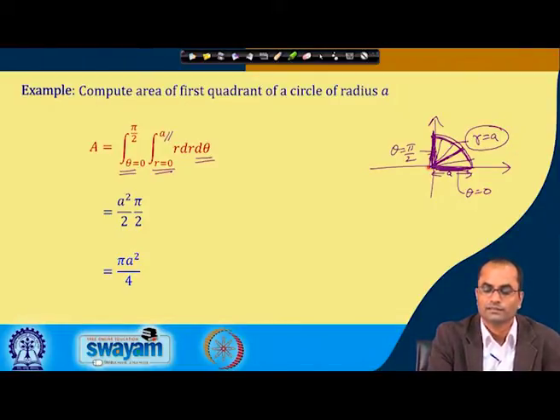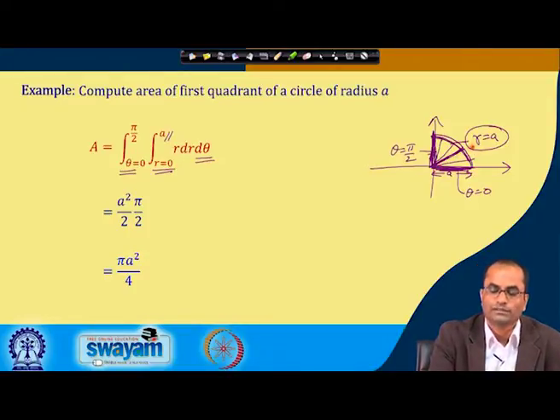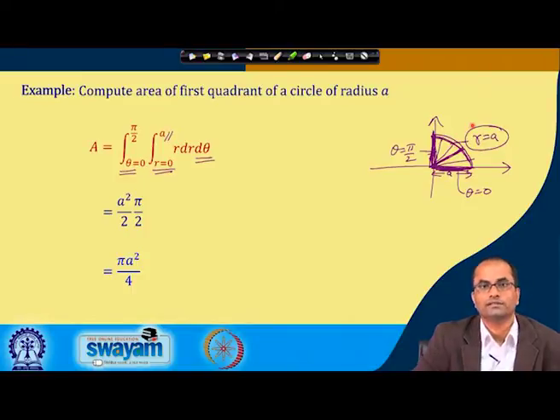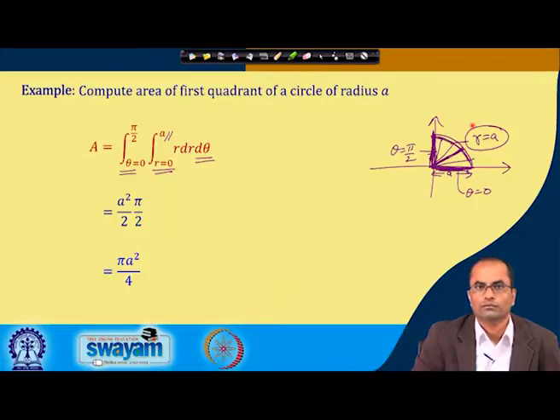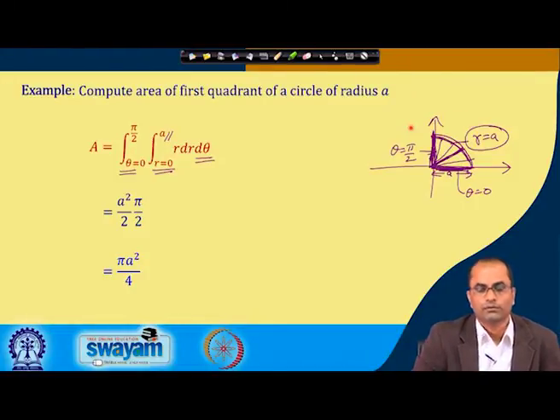So, to cover this region we are just going from r is equal to 0 to r is equal to a, but in the Cartesian coordinates this will be x square plus y square is equal to a square. So, we have to first compute the limit of x or y accordingly, and we get the square root of a square minus x square or y square. So, that will make the integral a bit complicated.